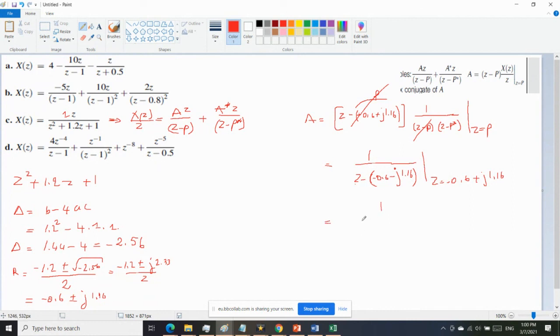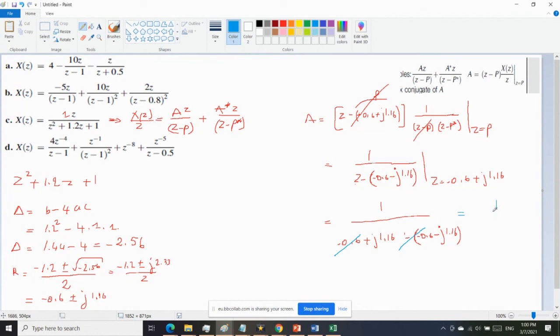So this would be 1 over. Take this guy, then subtract this guy. This is going to cancel, and here plus j and here plus j, so 2 j's.